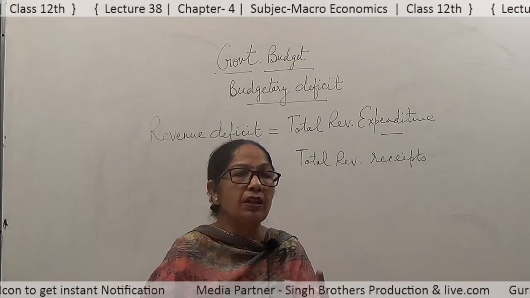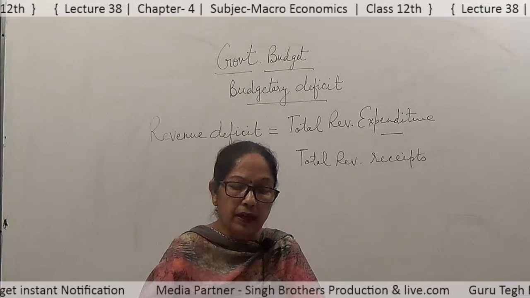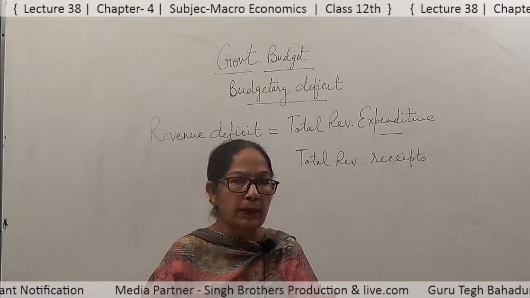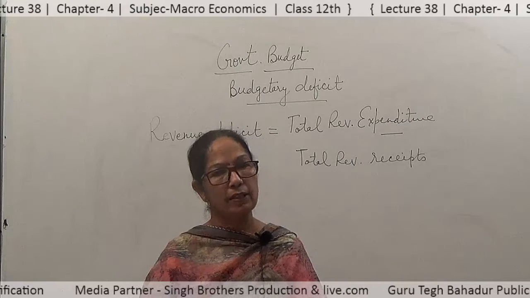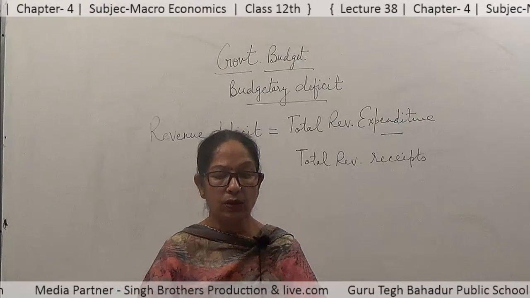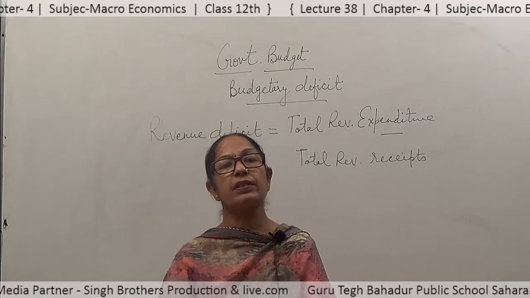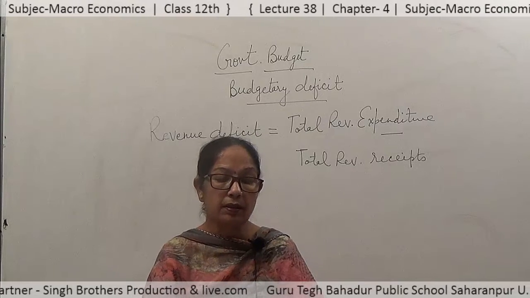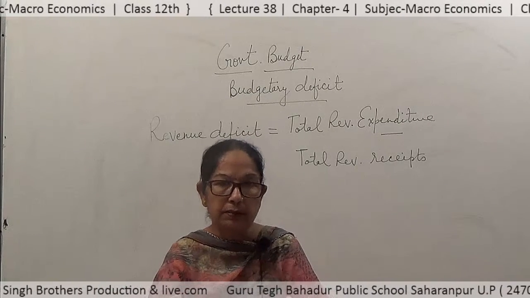So, government should levy high taxes on these, and government should try to reduce its expenditure and avoid unnecessary expenditure. So, implication: revenue deficit implies that spending is beyond the means.